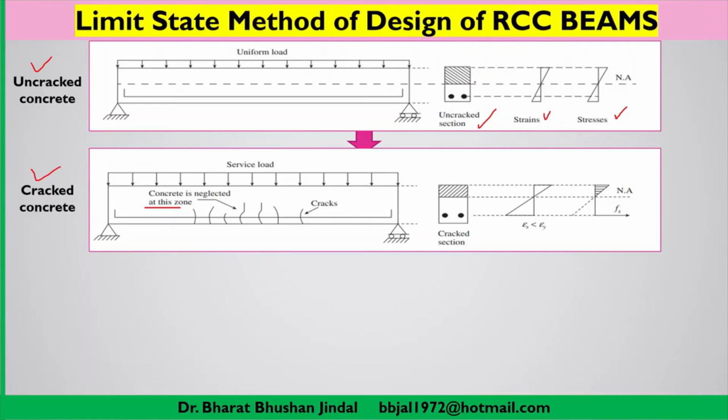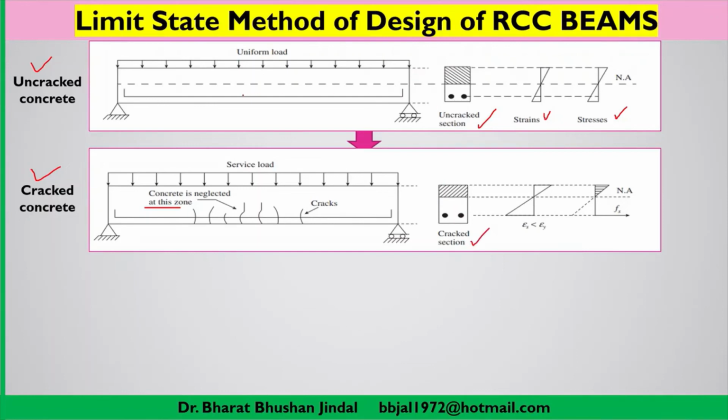Now if you compare the figure at the top and the second figure, figure number 1 and figure number 2, the effective shaded area of concrete which is taking compressive stresses has decreased comparatively. So the area has decreased. Now it is a cracked section.